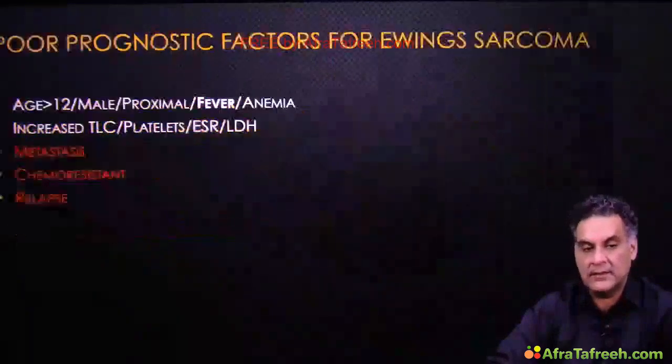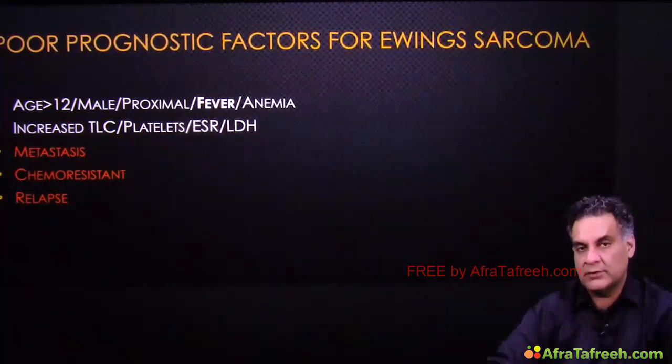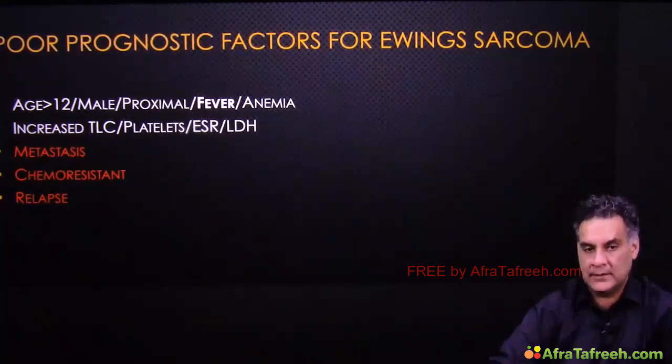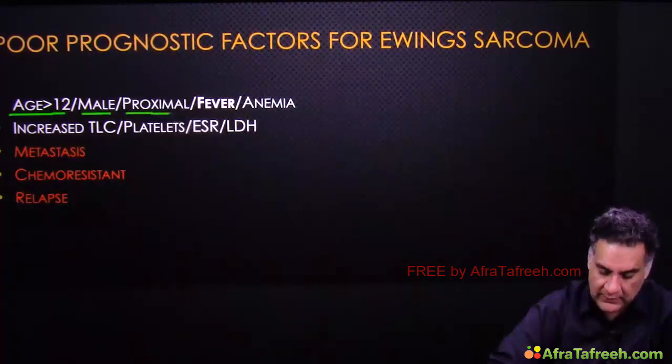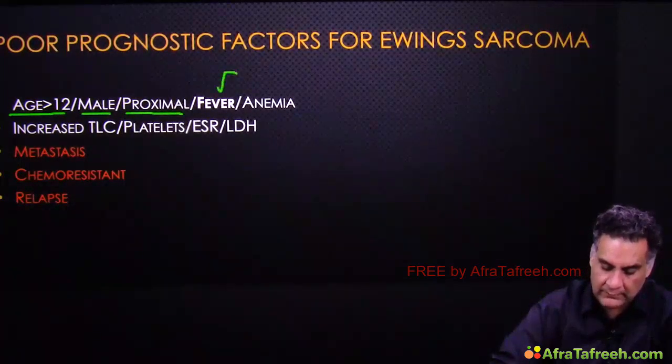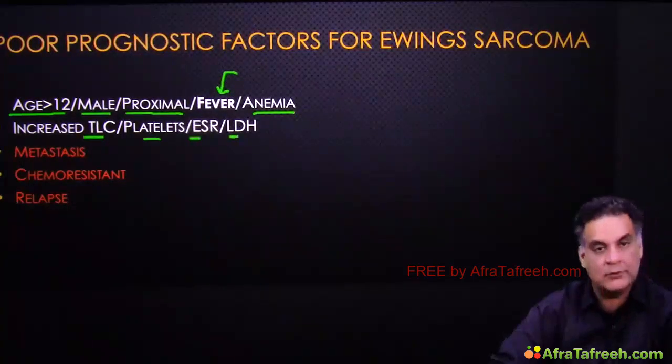Remember this. Poor factors in Ewing's. Ewing's is the most aggressive bone tumor known to mankind. Age more than 12, poor. Males, poor. Proximal, poor. Fever, poor. Important point. Anemia, poor. Increased counts, poor. High platelets, high ESR, high LDH, poor.